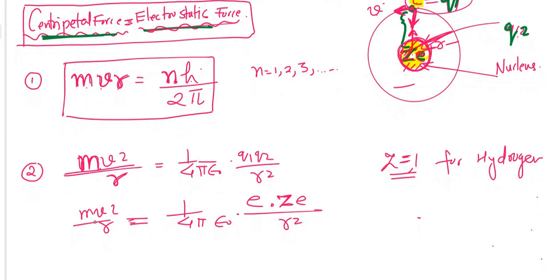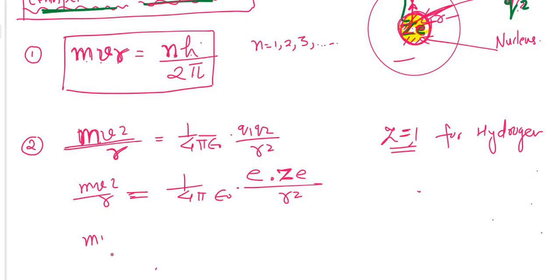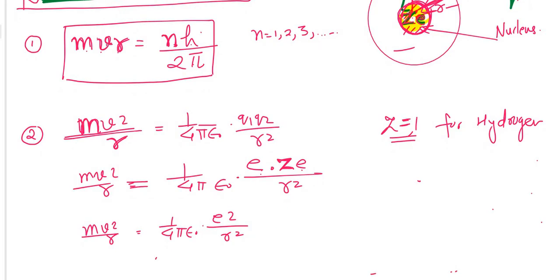So what did the equation become? The force equation became mv square by r is equal to 1 upon 4 pi epsilon naught e square by r square, because Z became 1 and e into e is e square. This became the second equation for him.